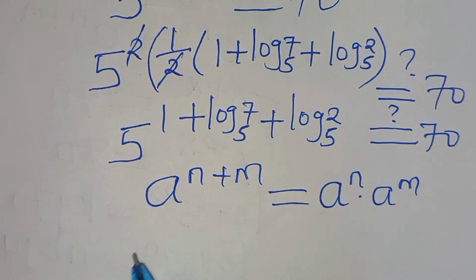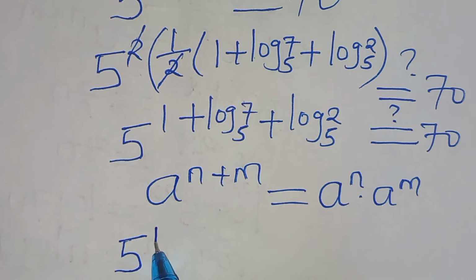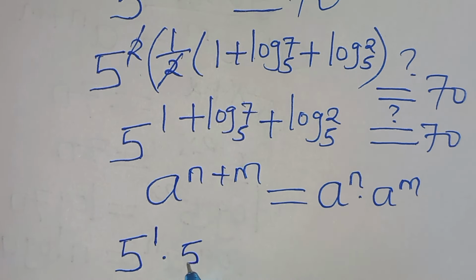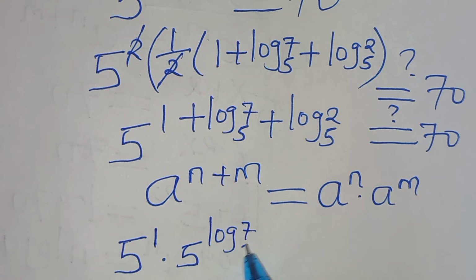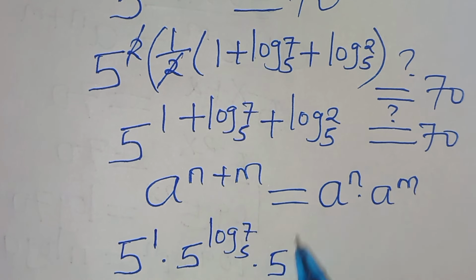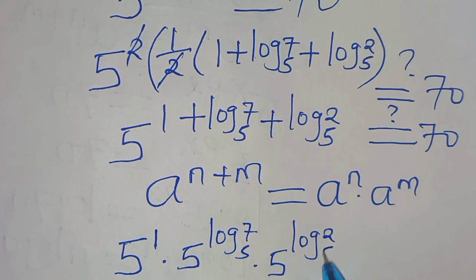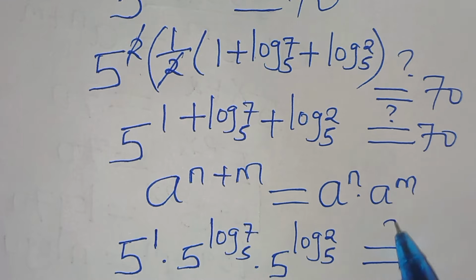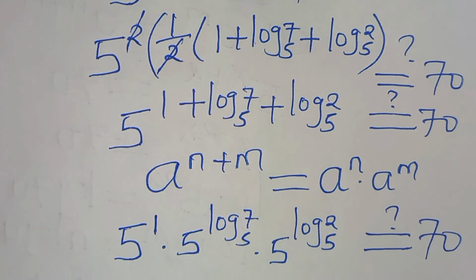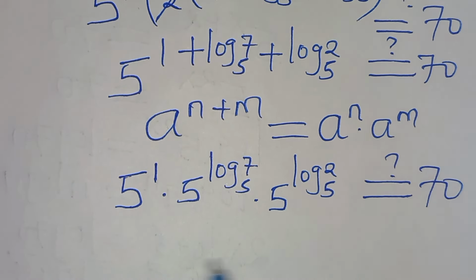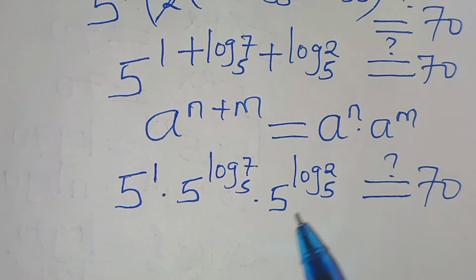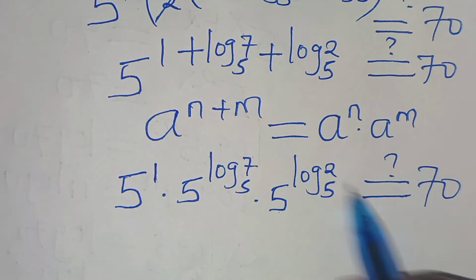Applying this exponent property, then here we have 5 to the power of 1 times 5 to the power of log 7 to base 5 times 5 to the power of log 2 to base 5. This is supposed to give us a value of 70. Now 5 to the power of log 7 to base 5 times 5 to the power of log 2 to base 5.